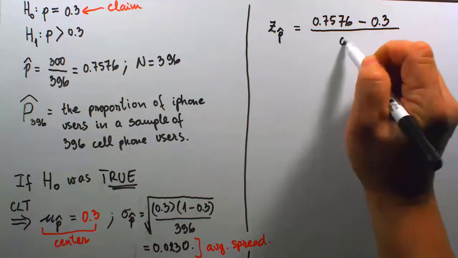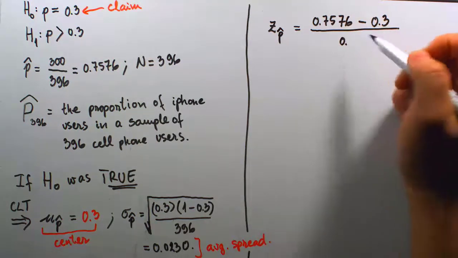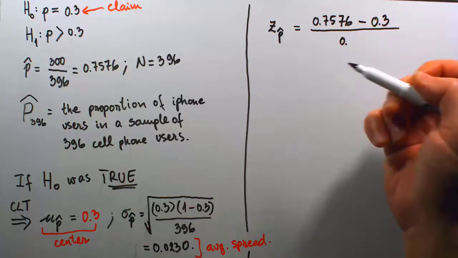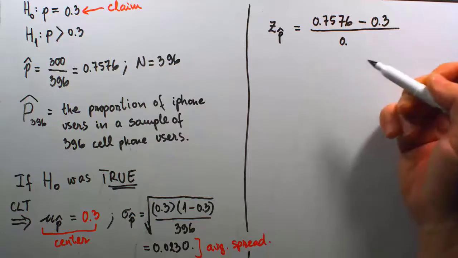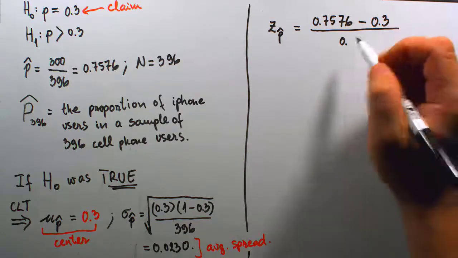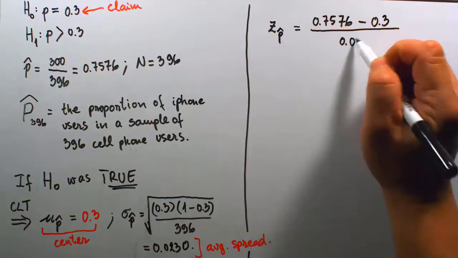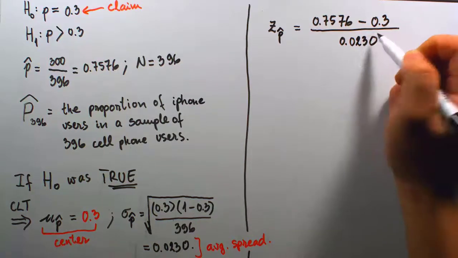At this point, calculating z-score is just that work, hopefully familiar enough to anyone viewing this video at this point, because we have learned that throughout the entire quarter. So our standard deviation here is 0.0230.